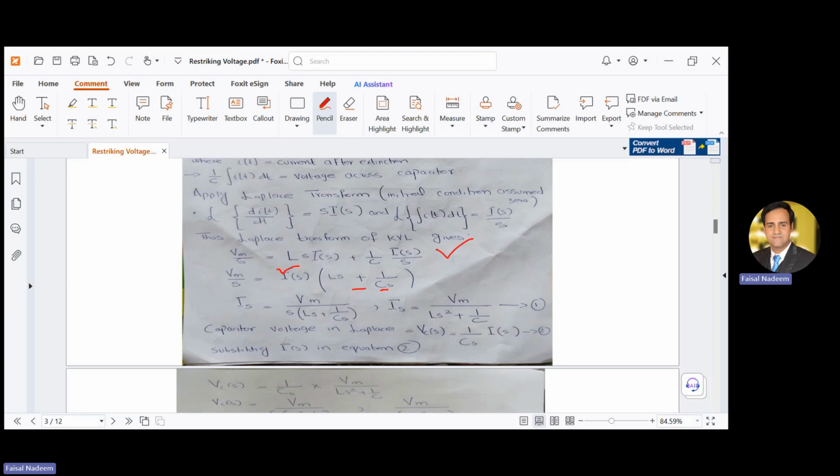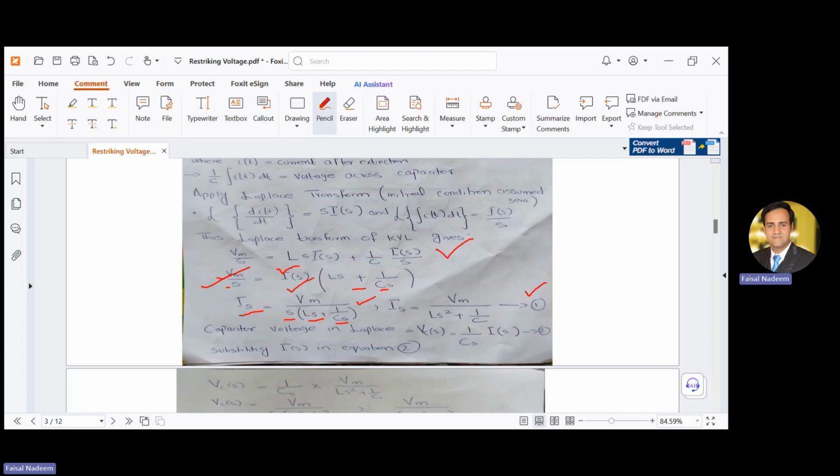So I of S is equal to Vm by S, and from the numerator it goes to the denominator on the other side of the equation. Now we multiply this S inside the brackets. So I of S is equal to Vm divided by L S square plus 1 over C, and we have marked this as equation number 1.